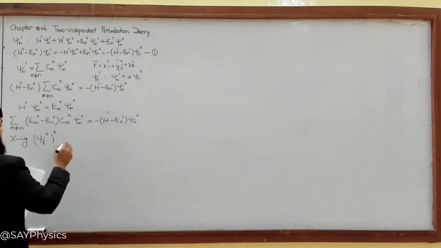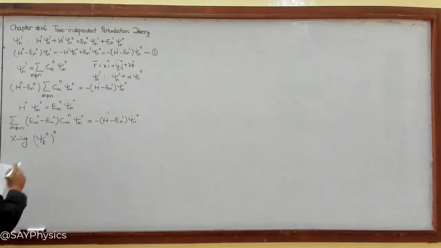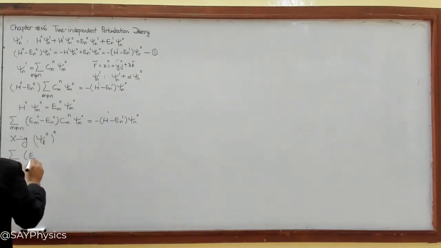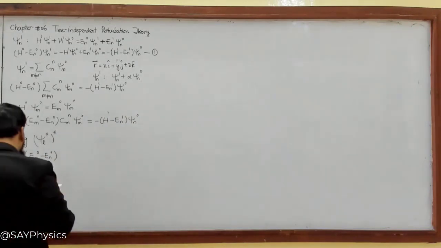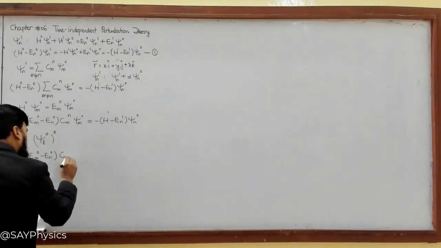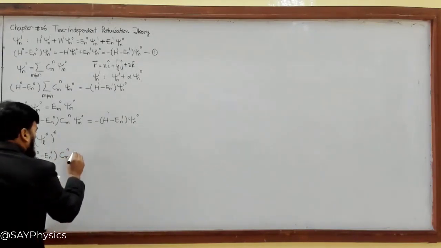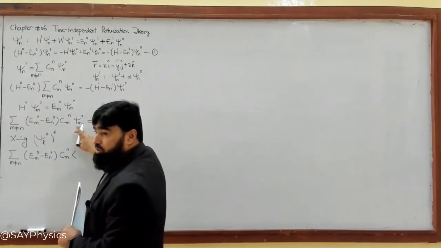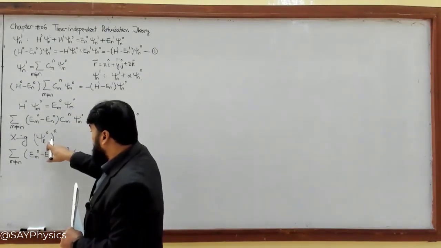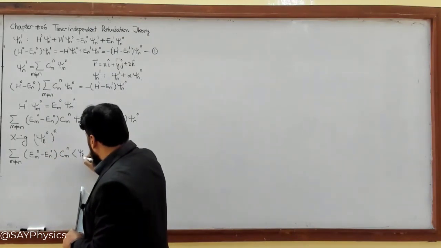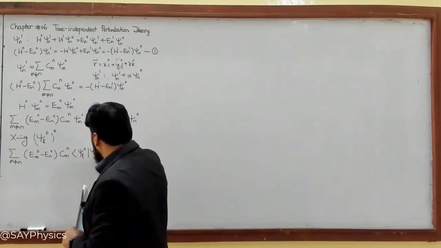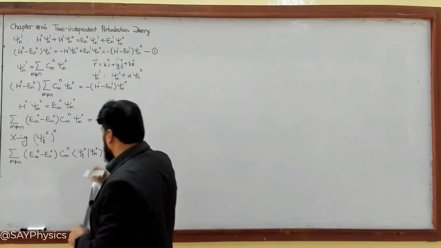So it will be equal to the summation on m not equal to n of (Em0 minus En0) Cmn, then psi m0, which is in the ket, and psi L0, which is the conjugate in the bra.